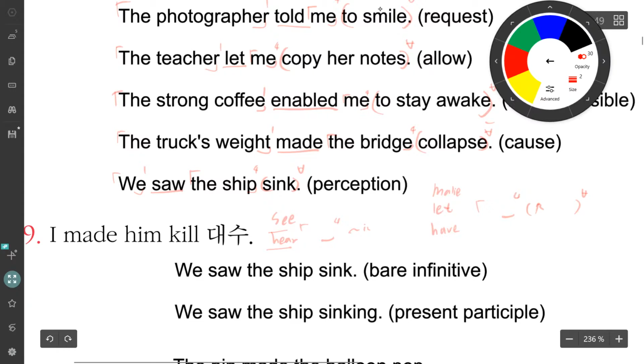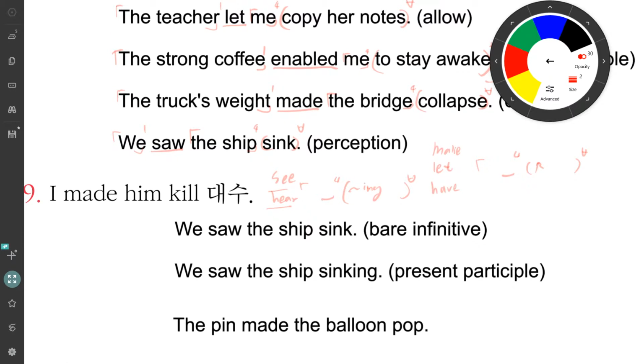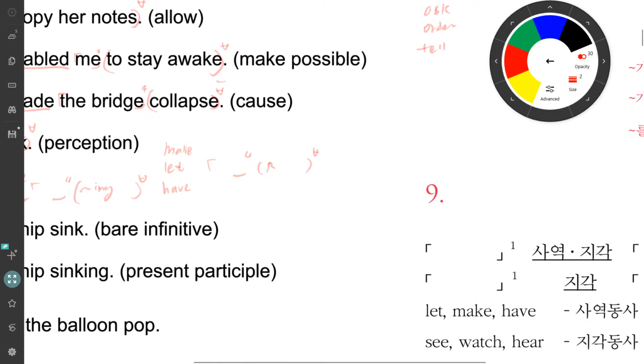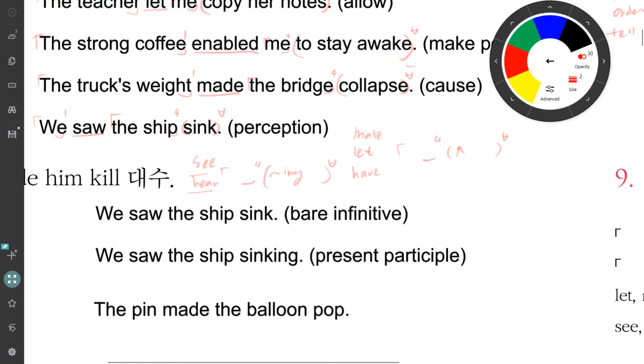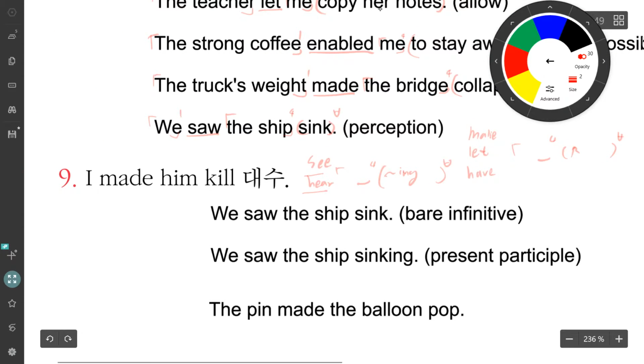Compare the last sentence, which uses a bare infinitive after a verb of perception, with a sentence that uses a present participle after a verb of perception. So, we saw the ship sink, and we saw the ship sinking.